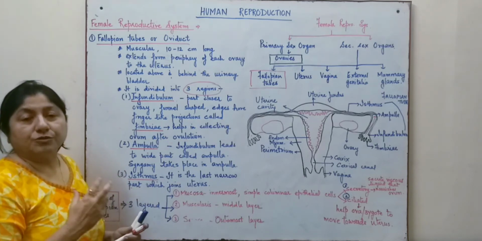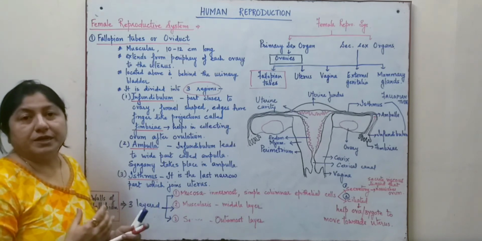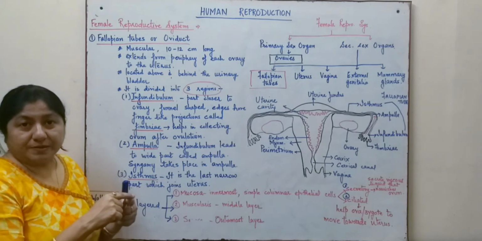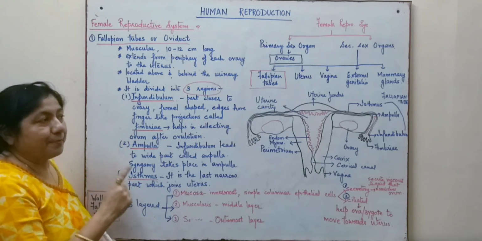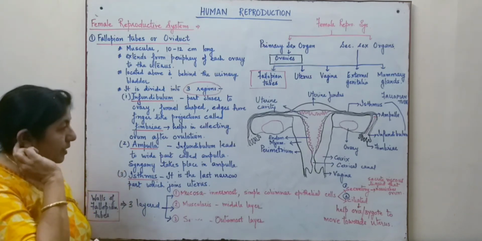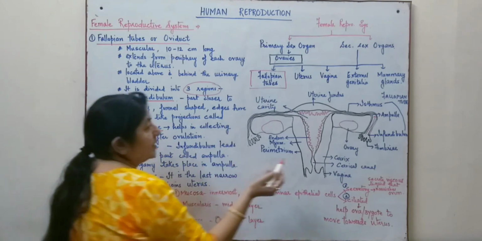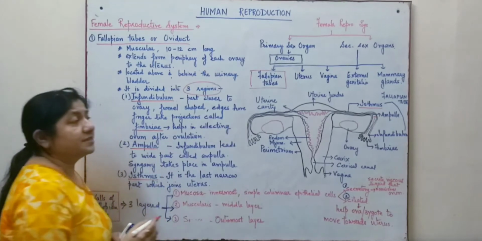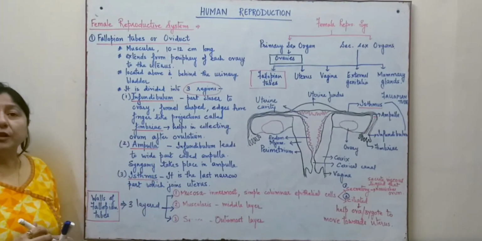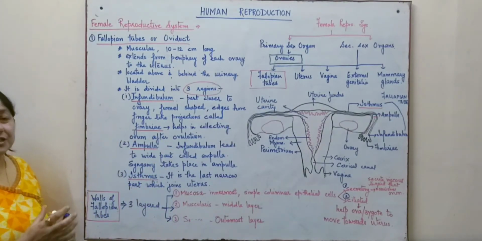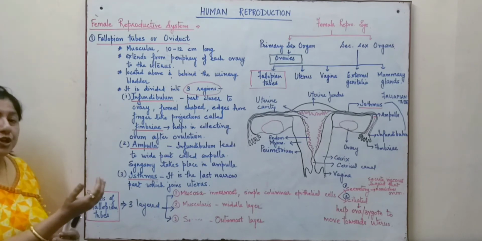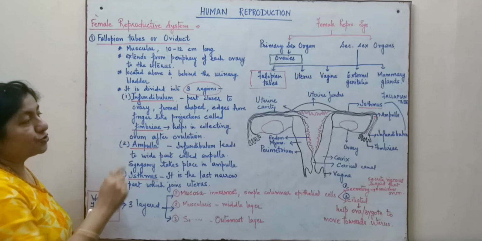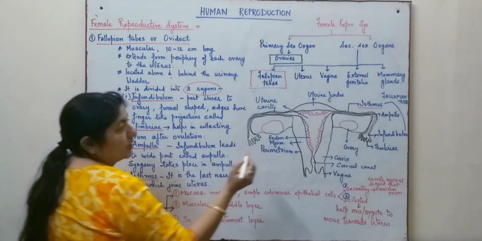Syngamy is the movement of the sperm towards the ovum and their fusion, and that takes place in the ampulla. The ampulla leads to the isthmus. This is the last part of the fallopian tube, towards the uterus. This part is very narrow and it leads to the uterus over here.